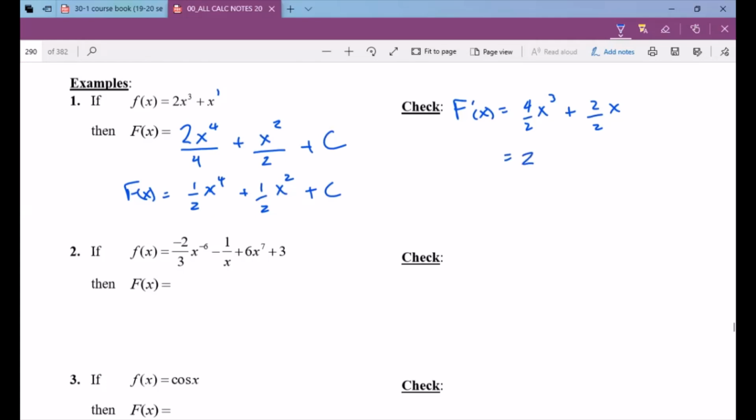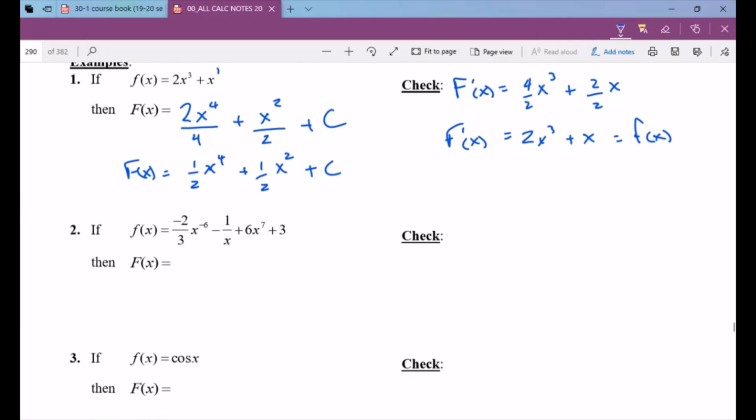We tidy this up, 2x cubed plus x. This is capital F prime, and that is equal to what we were originally questioned. So that's a good check. For the first bit, it makes sense to look at it that way, just to make sure that we're doing this correctly.